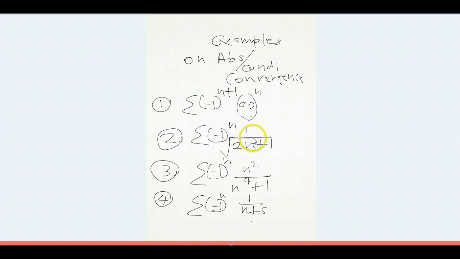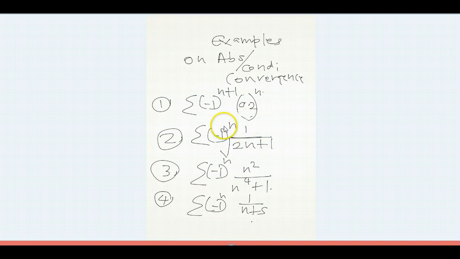The highest power here is n, but remember there's a square root outside, so it's square root n. So 1 over square root n, which is like 1 over n to the 1/2 power. 1/2 is less than 1. So by the p-test, we can say that the series of 1 over square root n is divergent.